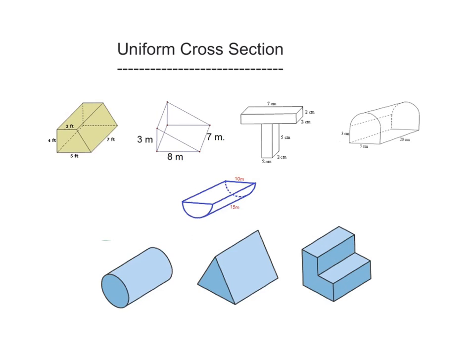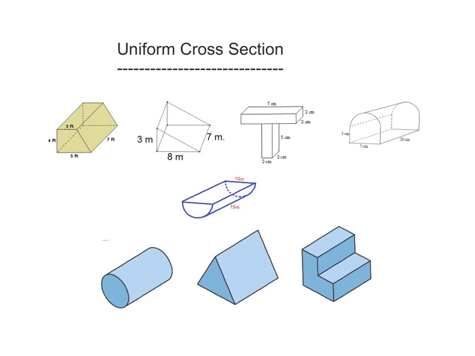So this is a very special type of shape you might see in some questions on the exam. They're called uniform cross sections, and all of these are examples of uniform cross sections. Now, how can you recognize a uniform cross section?